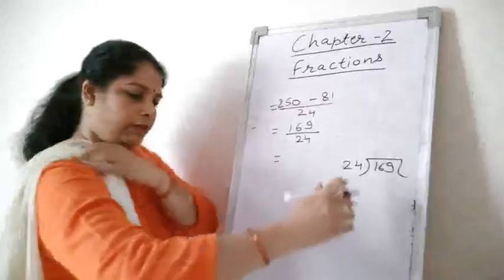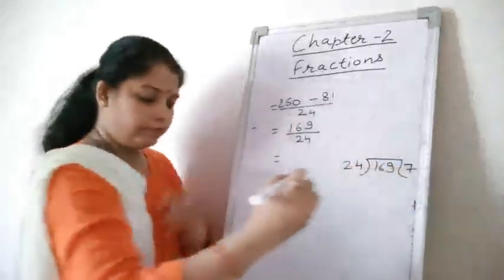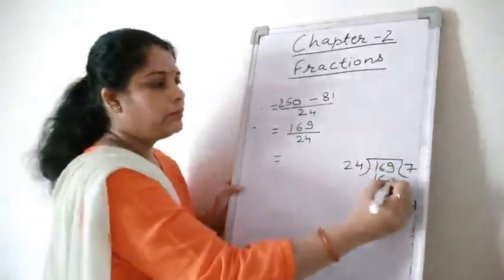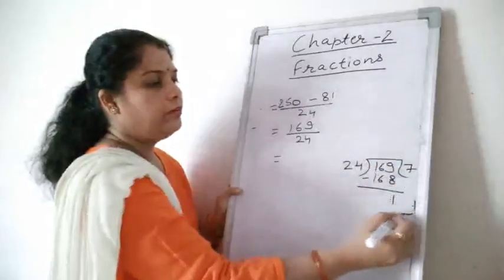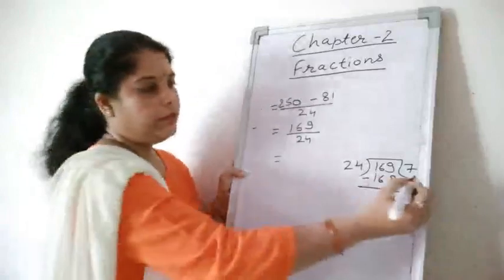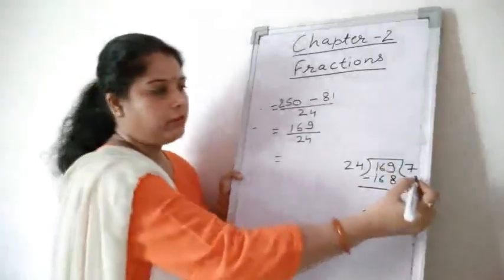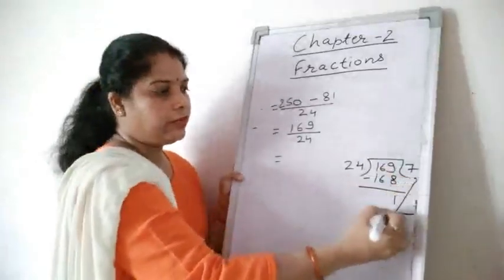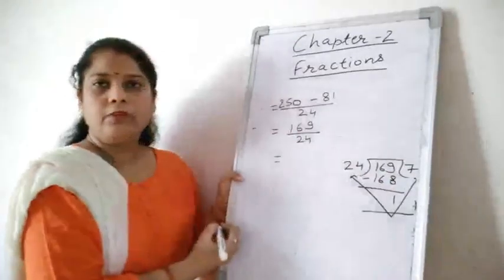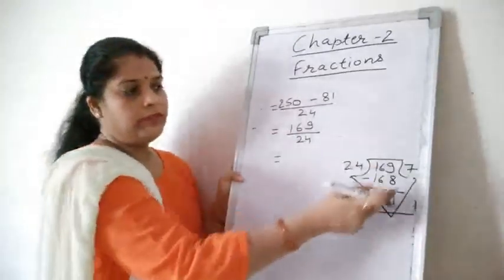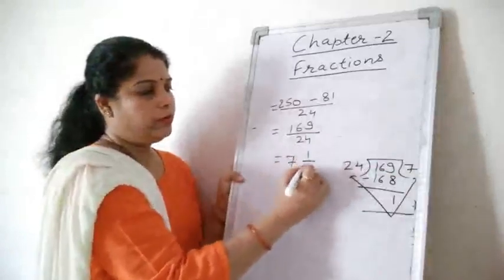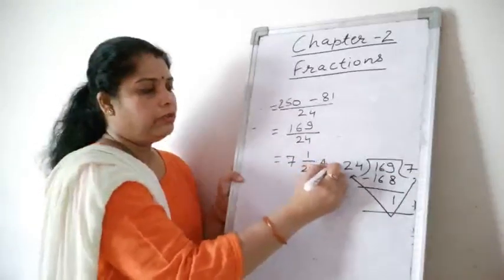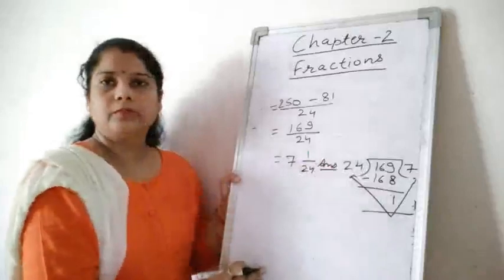Now 24 sevens are 168. Subtract it. 1 will be the remainder. Now what will be the answer? 7 1/24. 7 whole 1/24. This will be our answer.